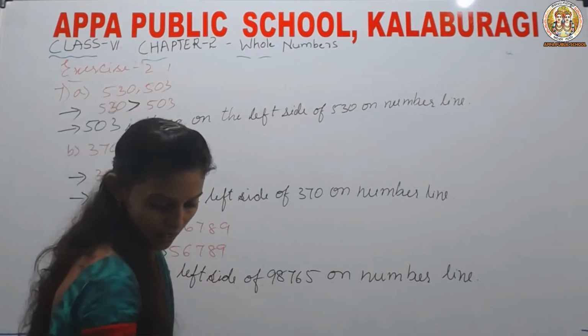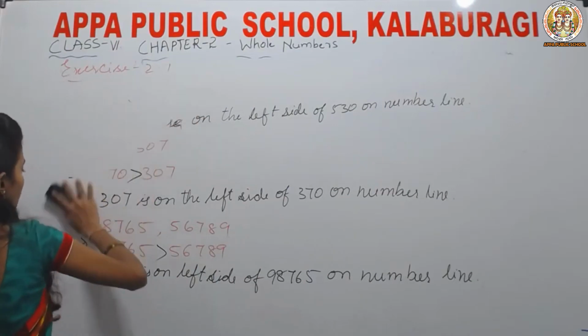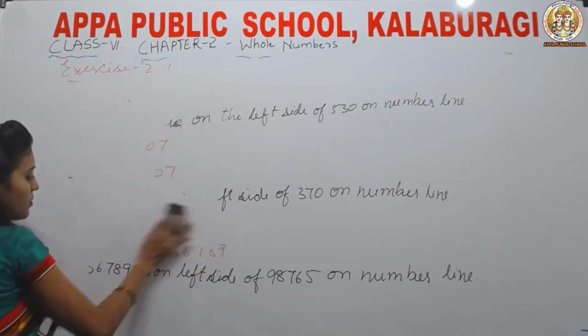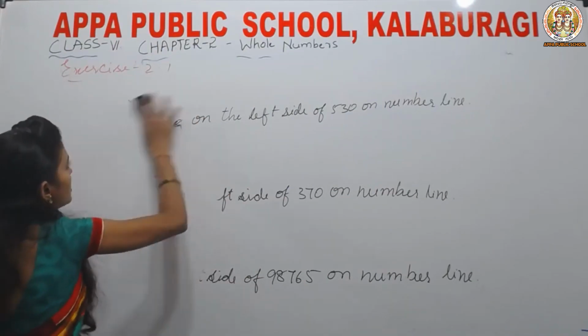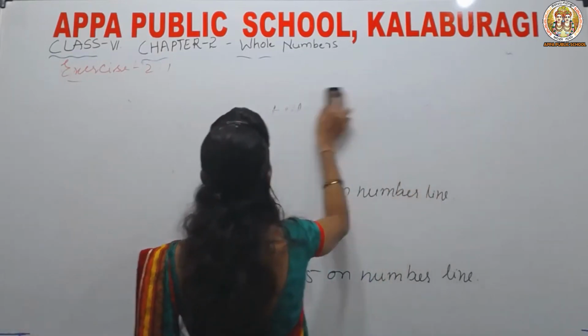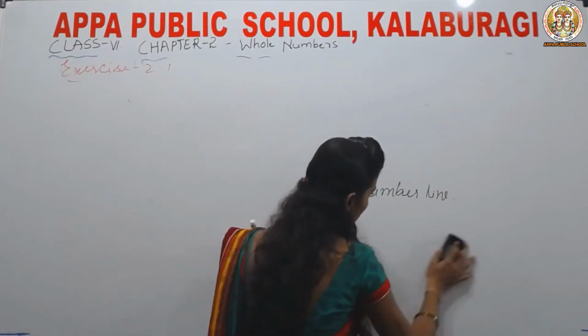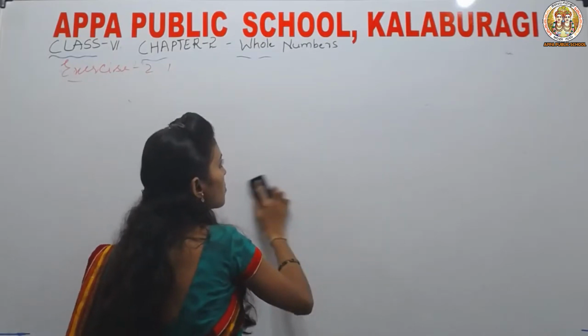Yes. Last number is comparison. You know, right? Because from your smaller classes itself, you are learning the comparison. First, count the number of digits.